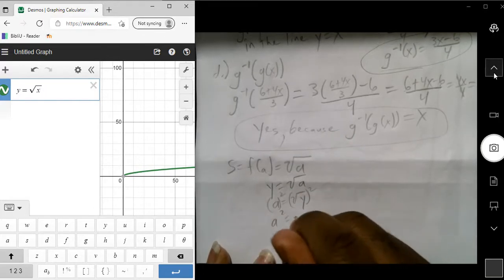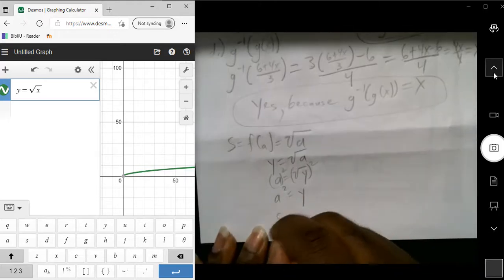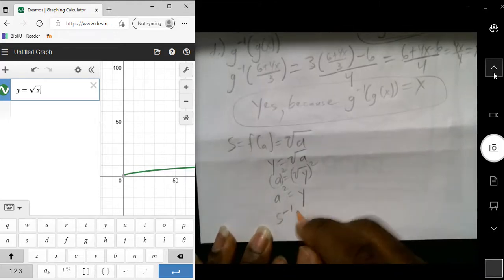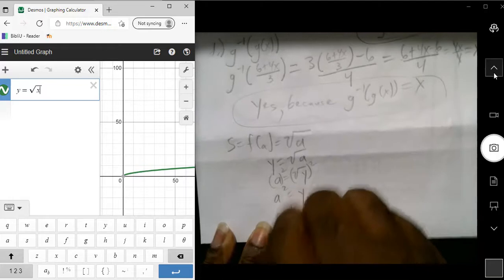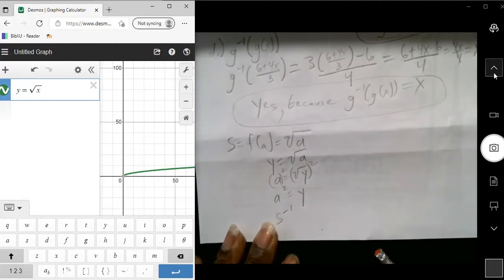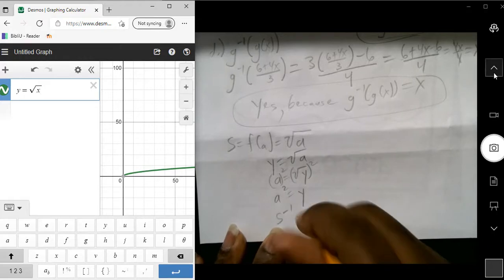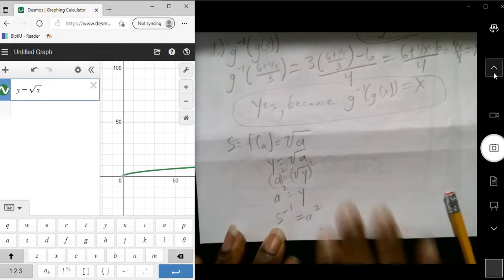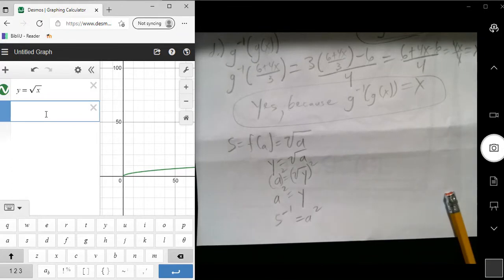So it's a squared is equal to y. So the s inverse is equal to a squared. So basically what we have to do here is just put y is equal to x squared.